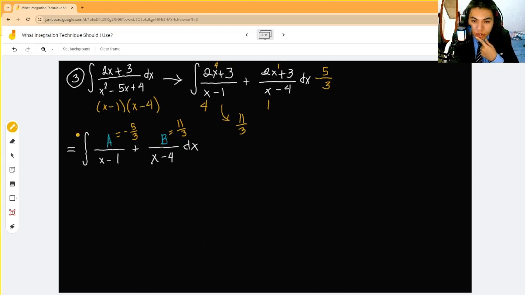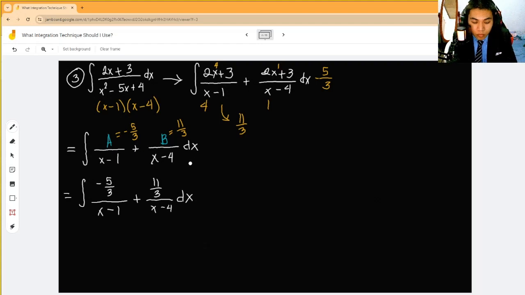So we now have the integral of negative 5/3 over x minus 1 plus 11/3 over x minus 4 dx, let's just keep it in one integral.